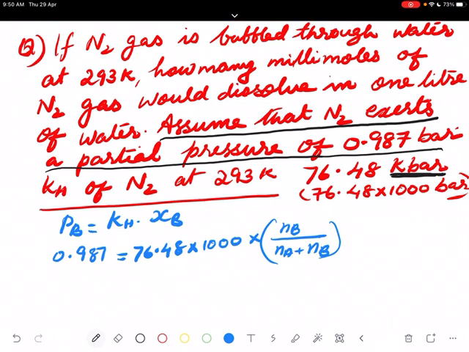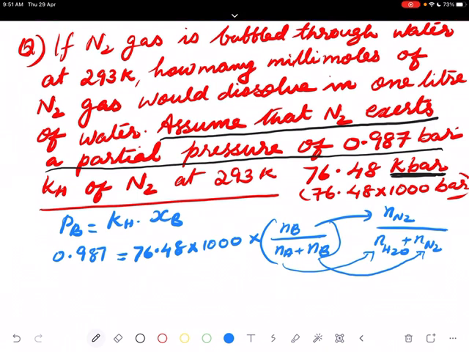That is due to water. NB is due to nitrogen. So that is N of N2 upon N of N2 plus N of water. This is the explanation for what is given in the bracket. So NA is that of water and NB is again the number of moles of N2.